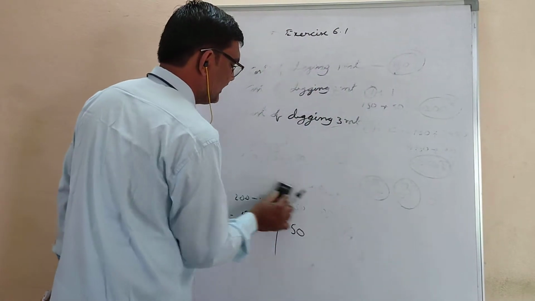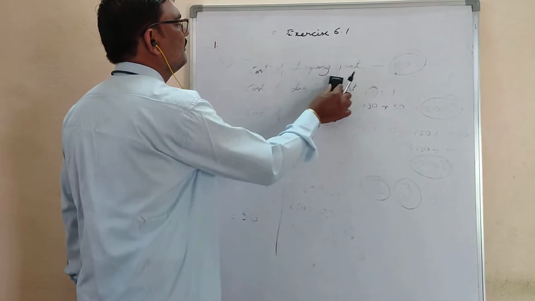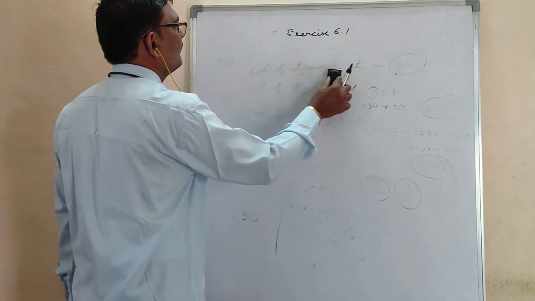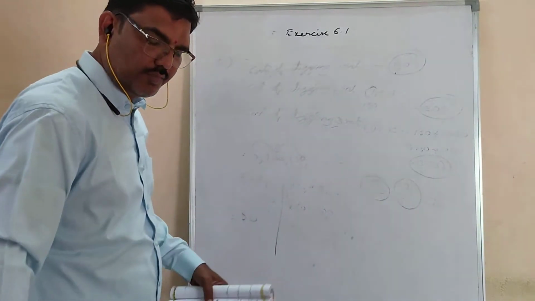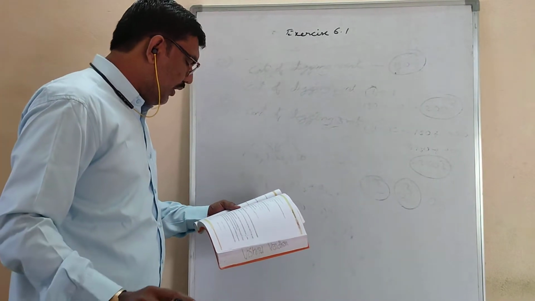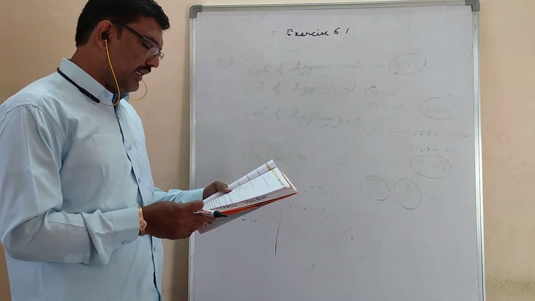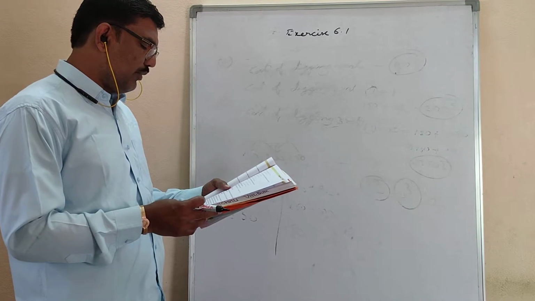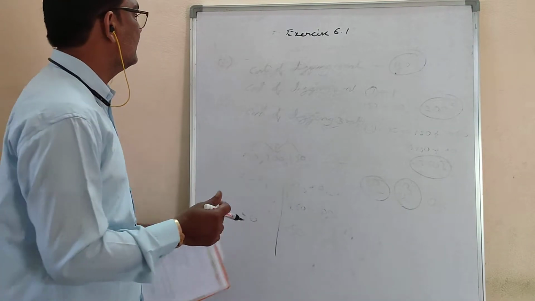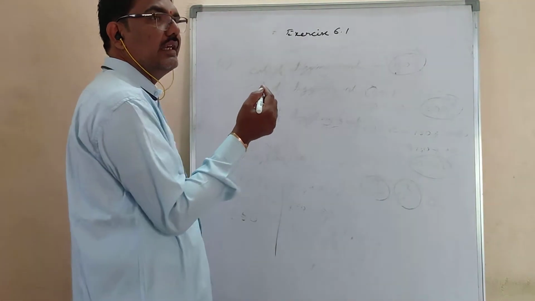What is the fourth problem? See it once. The amount of money in the account every year when 10,000 is deposited at the compound interest rate 8% per annum. So this is an 8th class problem.